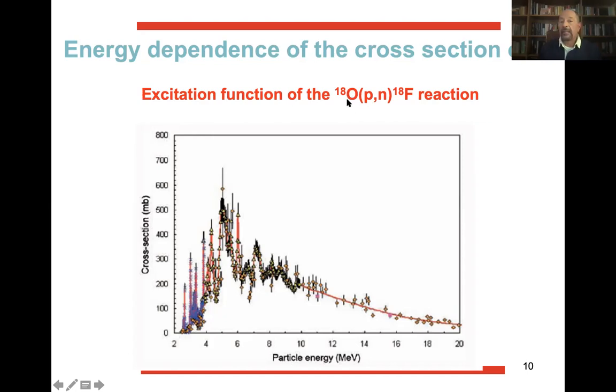So you irradiate a special target of oxygen-18, not oxygen-16, and oxygen-18 plus protons gives a neutron and fluoride. That is what you want. And you see that if you look as a function of the energy, there are regions where you have resonance, here at low energy, like at around 5 MeV. Here you see 7 MeV, there is another one.